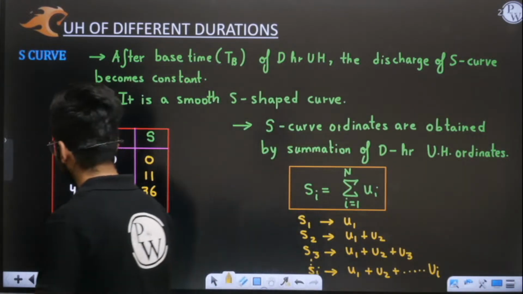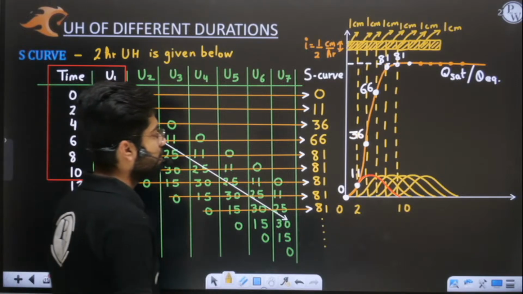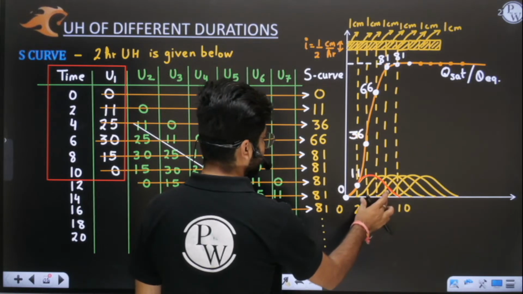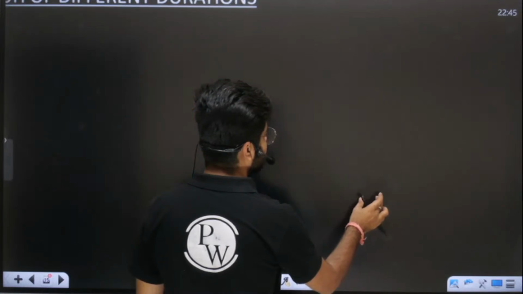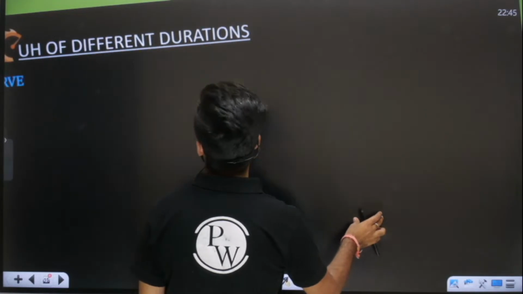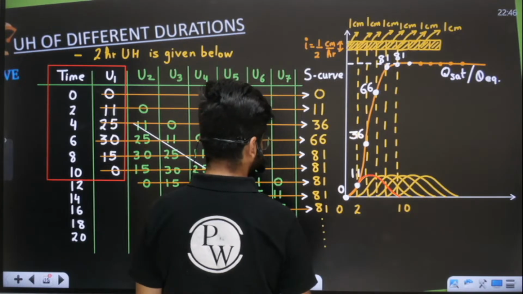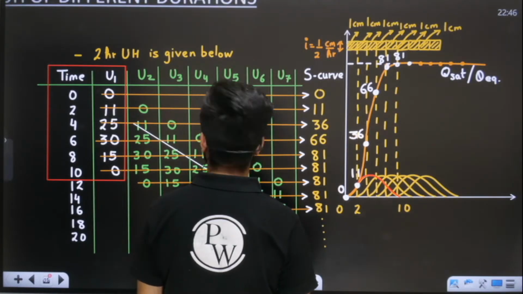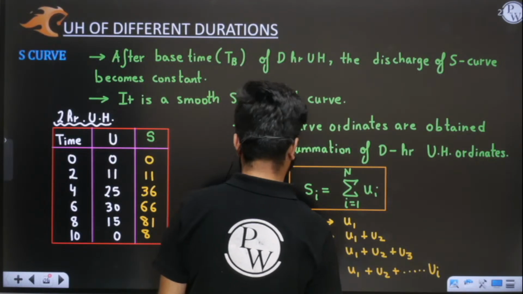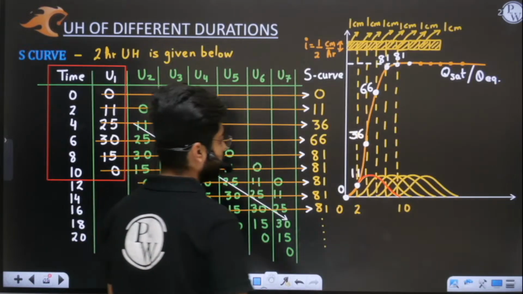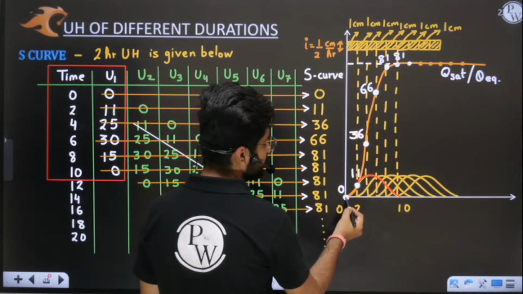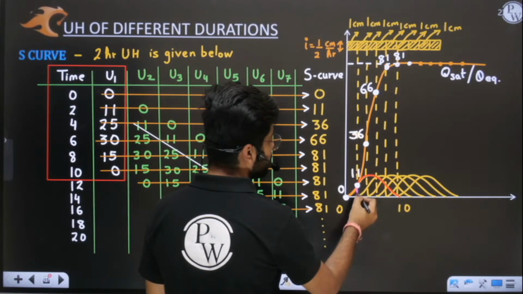Now, if you want to see this in a diagram, see, this is U1. This is U2.